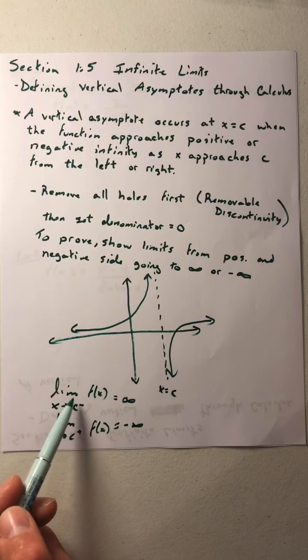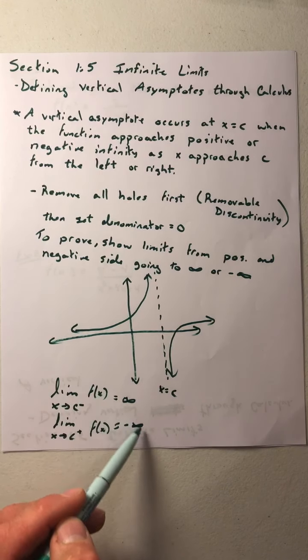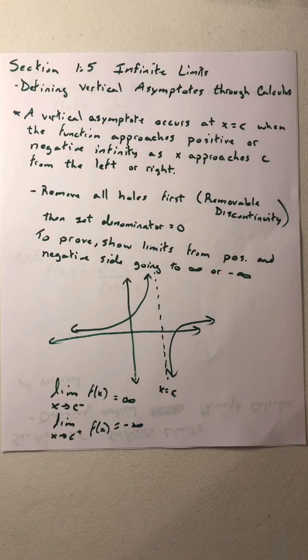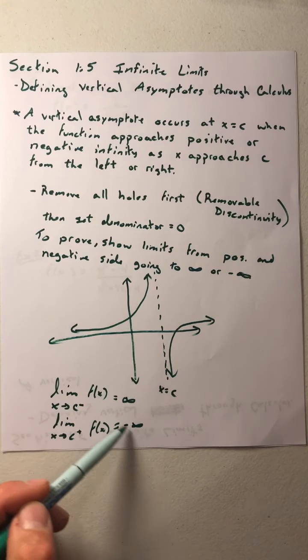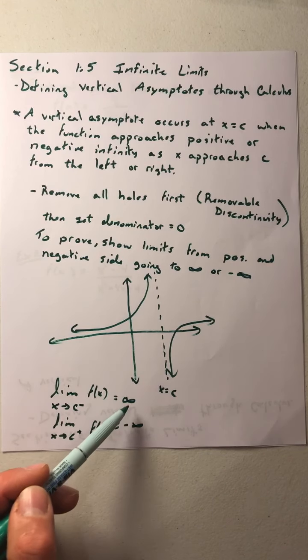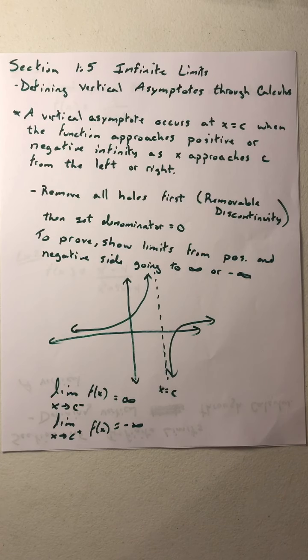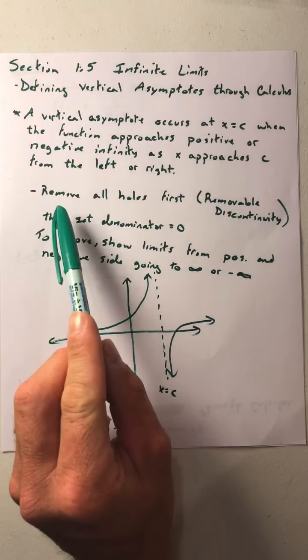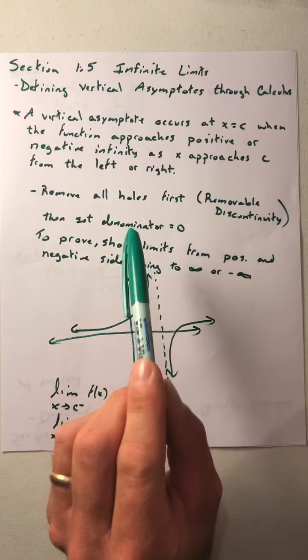So this would be our justification showing that c is a vertical asymptote. Because as we take the limit from the positive and negative side, we end up with an infinity or a negative infinity. We could also see that these are both infinity or both negative infinity, which also shows that it's a vertical asymptote. So in order to find and justify these vertical asymptotes, we first remove all the holes.